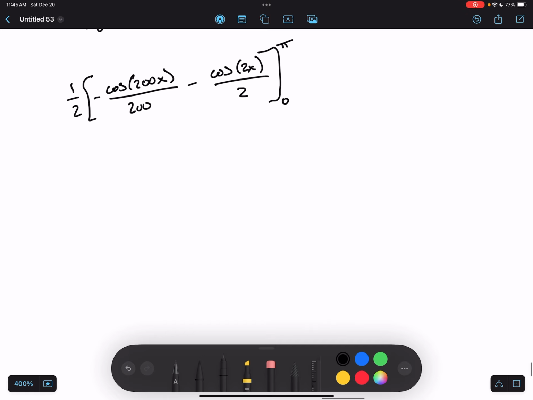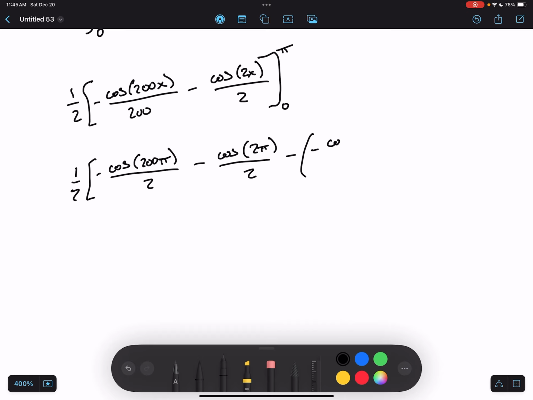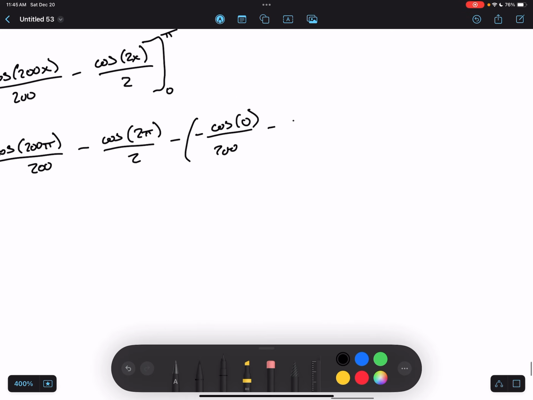So, evaluating from pi first, we'll have 1/2 times negative cosine of 200 pi over 200 minus cosine of 2 pi over 2, minus, in parentheses now, negative cosine of 0 over 200, minus cosine, again, of 0 over 2. My mistake, the denominator here is 200.